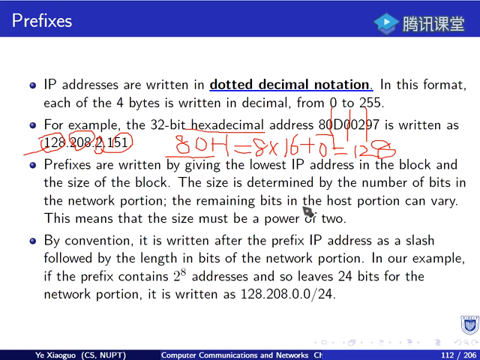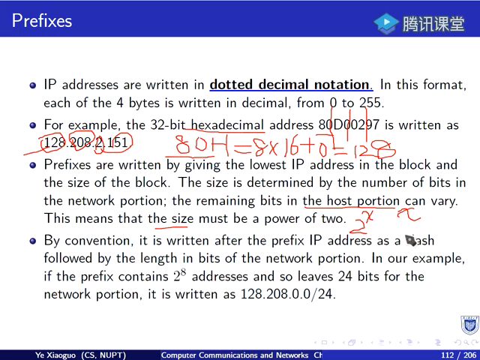If the length of the host portion is x, then the size of the network block is 2 to the power of x, right?